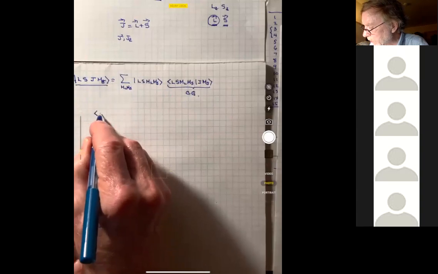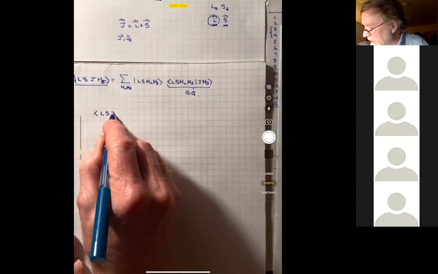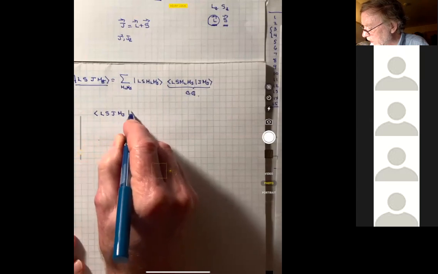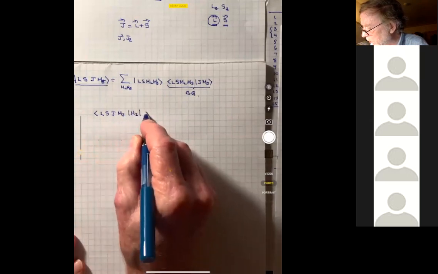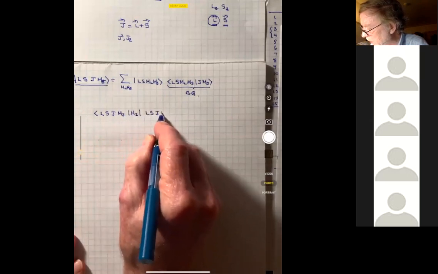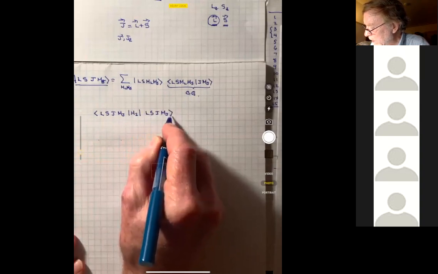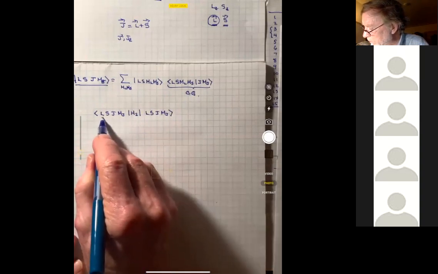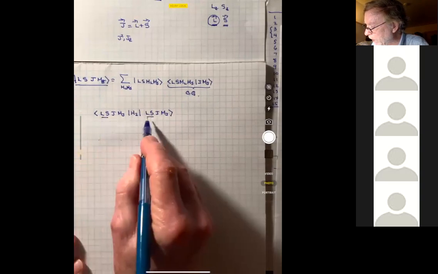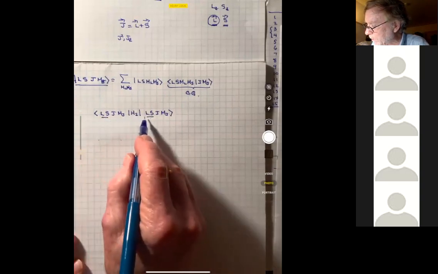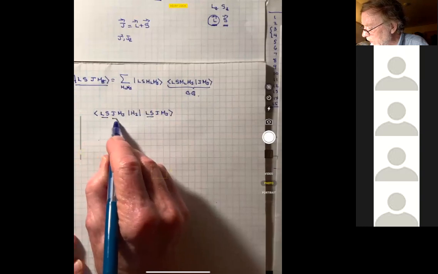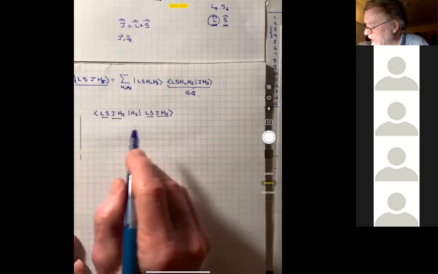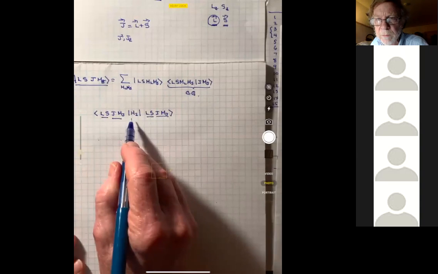And now let's look at the matrix elements, L S J M_J, sandwiched around H2, because we're taking H2 as a perturbation now. And now we don't need primes on the L and S, because that identifies, as I said earlier, the unperturbed eigenstate. And we don't need primes on the J and M_J either, because J squared and J_Z commute with H2.